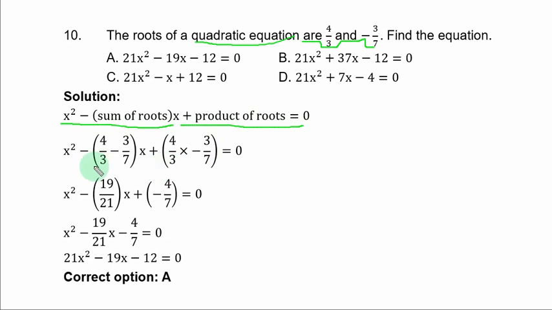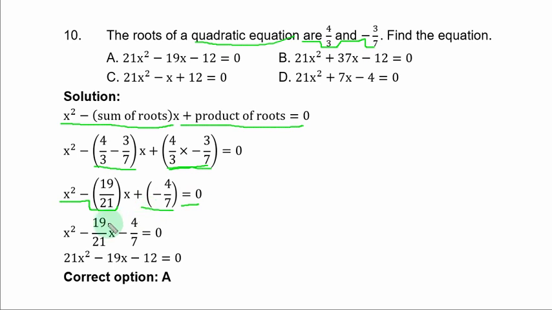So this is sum of roots, product of roots. If you simplify sum of roots, you have s squared minus 19 over 21 times s, plus if you simplify product of roots, you have minus 4 over 7 equal to 0.